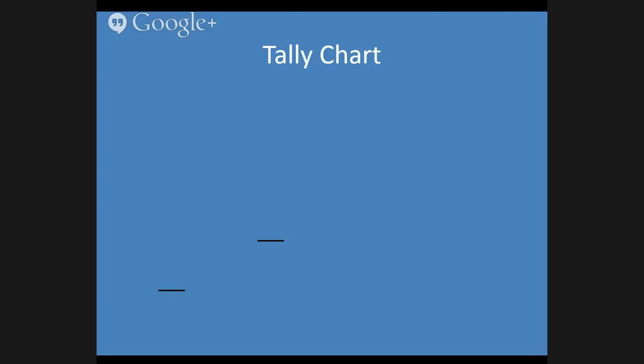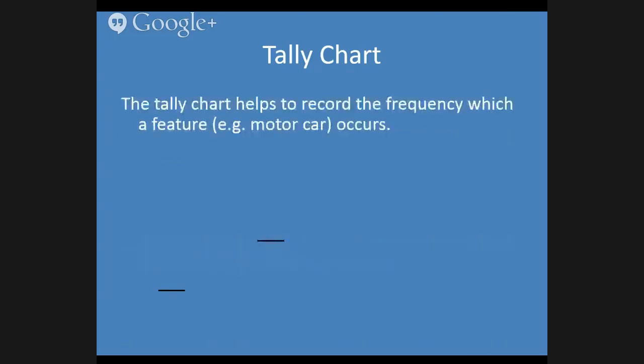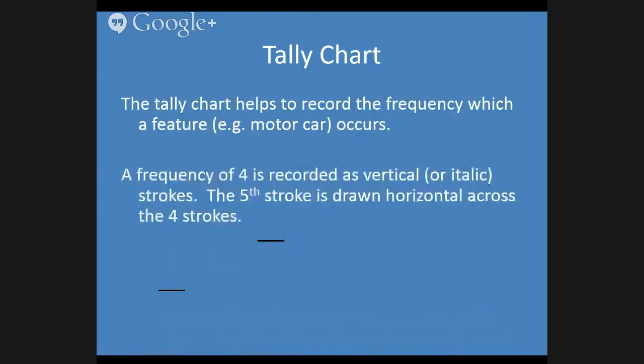That would be 5, and that would be an example of a tally stroke or chart for you. Just examples of how you would use tallies to record that.